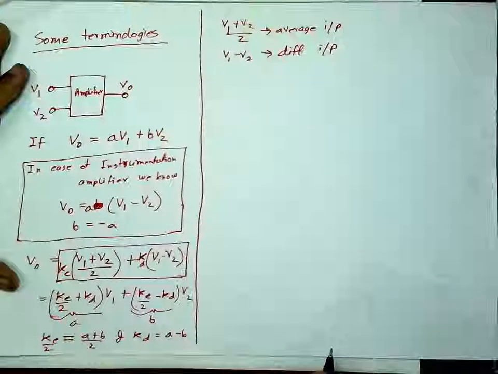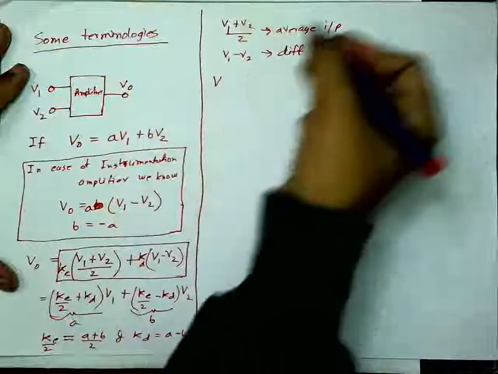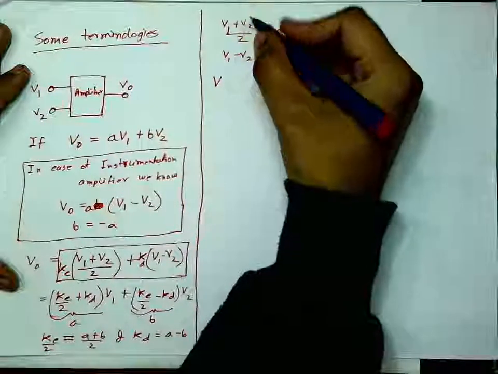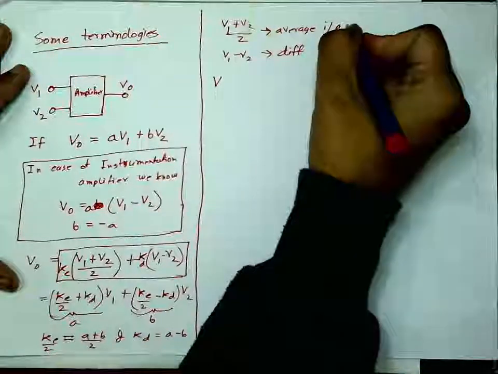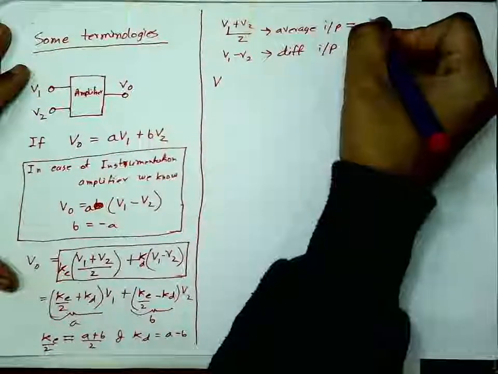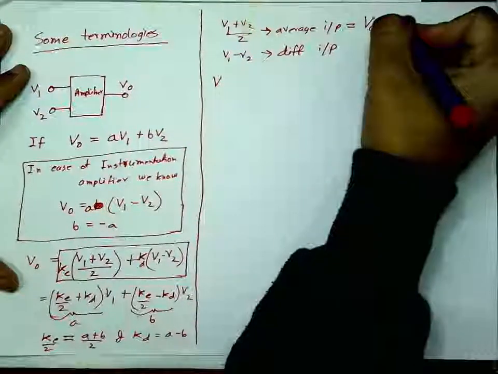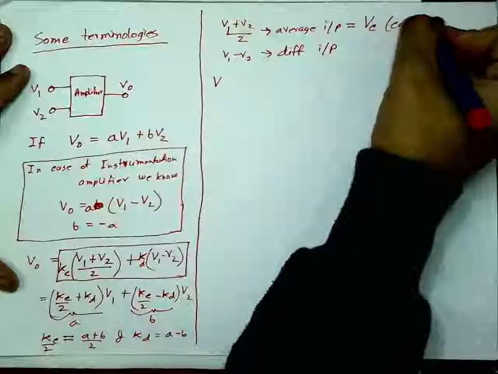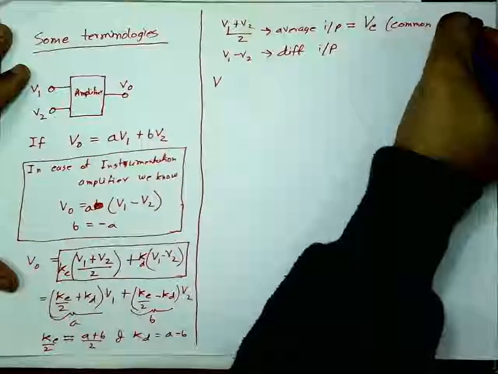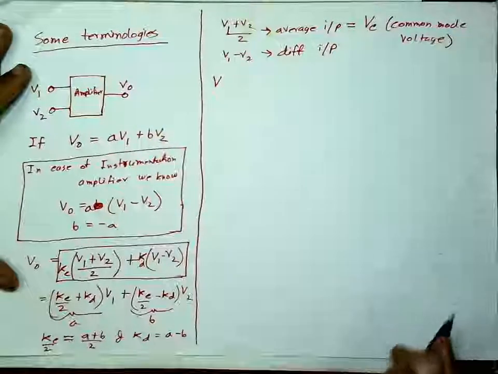Okay, so we can write this, and we can also sometimes denote this with a symbol. This is called VC, or common mode voltage. Common here means average.